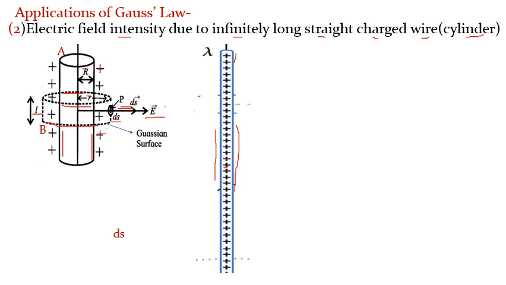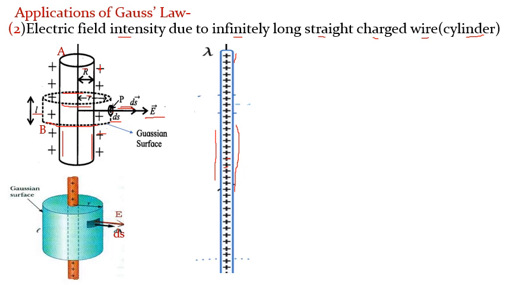Now as per this diagram, we have to write the explanation, and before that, for better understanding, you must imagine the situation. What is the fact? What is the pictorial form? For this purpose only, I have shown this picture here. This is that long wire which is charged. This is the Gaussian cylinder which is constructed, whose length is L. On this Gaussian cylinder, we are considering the small area element ds.